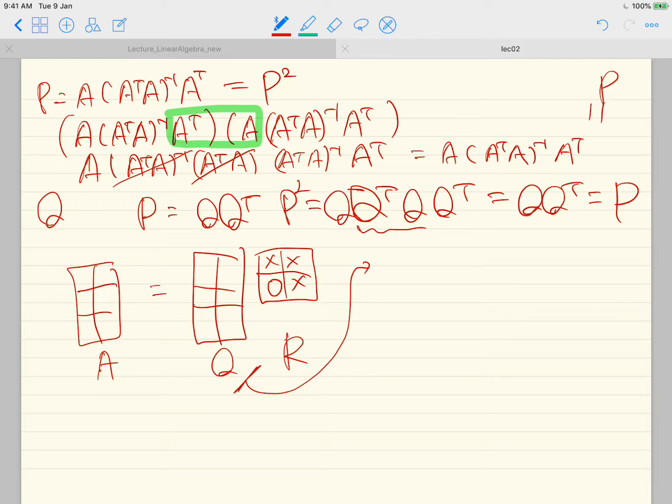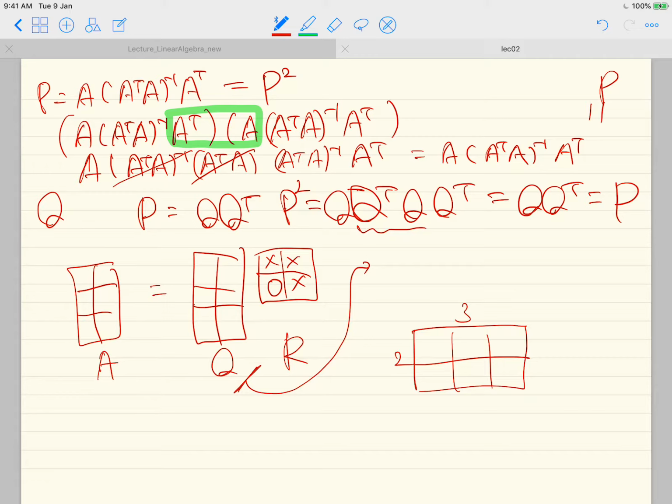For example, is it possible that Q has this form, 2 by 3? Is it possible or not? Again, the requirement of the matrix Q is that we have to have orthonormal columns. So is it possible?